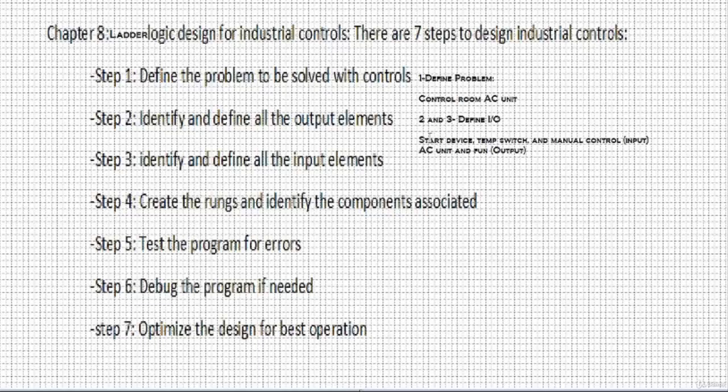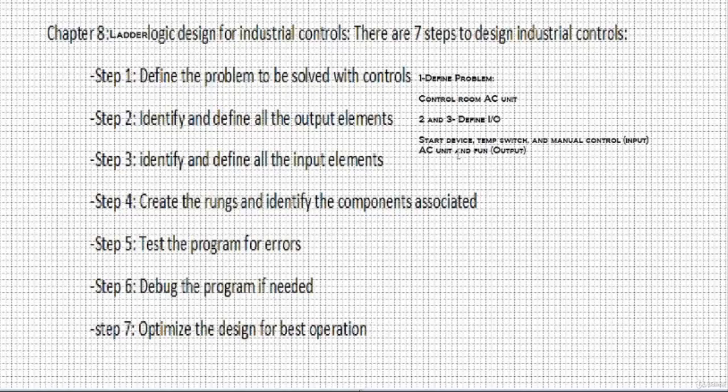We're going to need a start device, a temperature switch, a manual control, and then the AC unit and fan. So it looks like we have 3 inputs and 1 output, or 2 outputs. We have gone through steps 1, 2, and 3. The next step will be to create the rungs and identify the components, and then you're going to test, debug, and optimize.